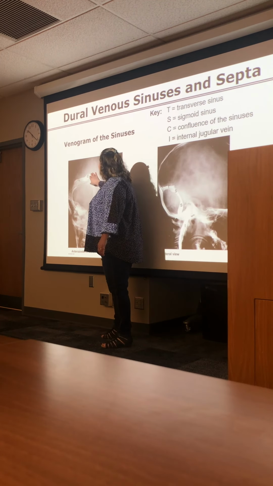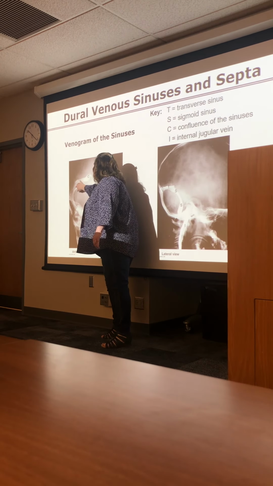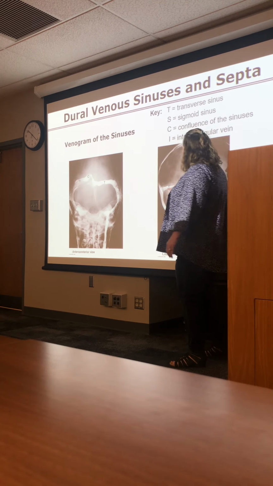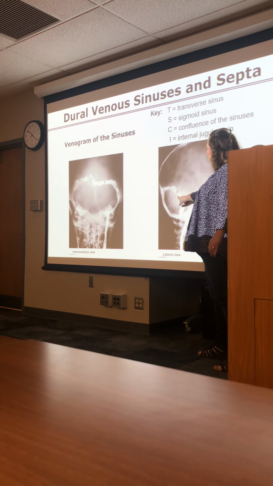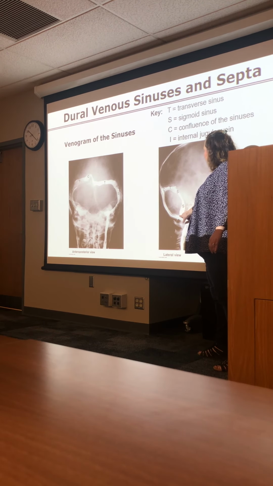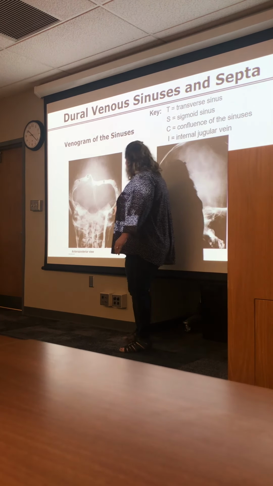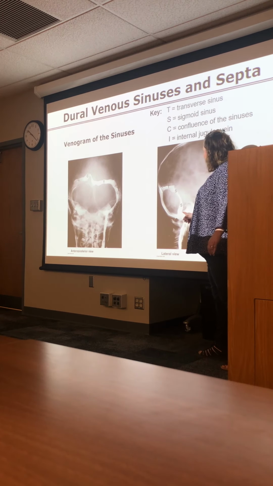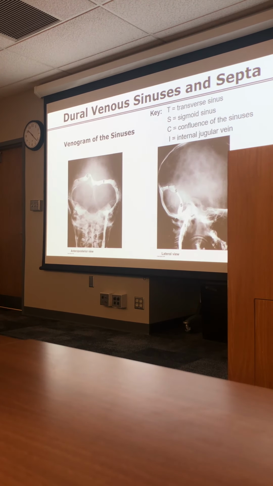The confluence of the sinuses would be in this area here, and draining away from there would be the transverse sinuses. Confluence of the sinuses, transverse sinus. But when that transverse sinus starts heading south, heading inferiorly, it's going to be your sigmoid sinus. And that sigmoid sinus is heading towards, right here, your jugular foramen. And once it goes into that jugular foramen, it becomes the internal jugular vein.